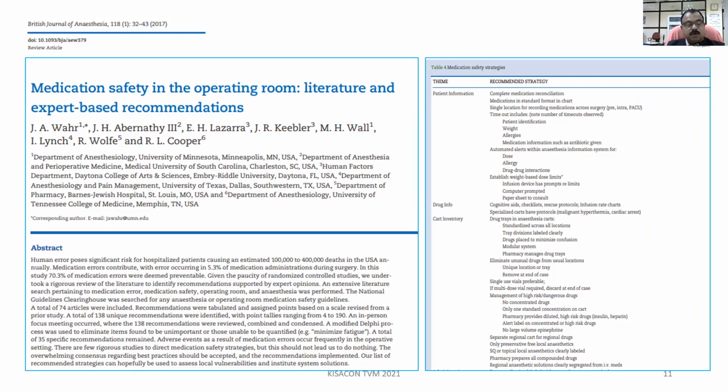There is overwhelming consensus that best practices should be adopted and the recommendations implemented. The list included medication reconciliation, automated alerts, cognitive aids for drug information, management of the cart inventory, and usage of single-use vials preferably, and if multi-dose vials are required, discard them at the end of the case. So there are many recommendations which we can take forward.